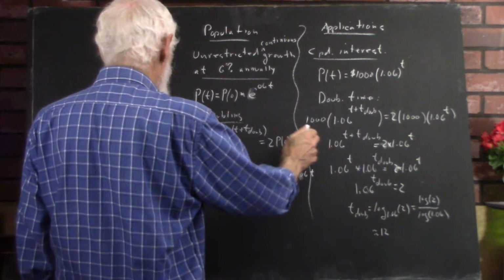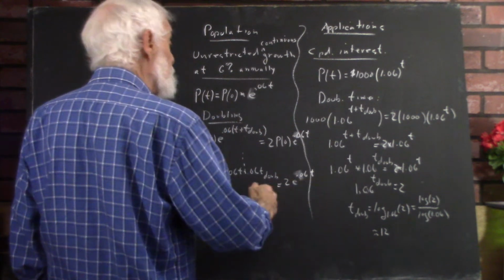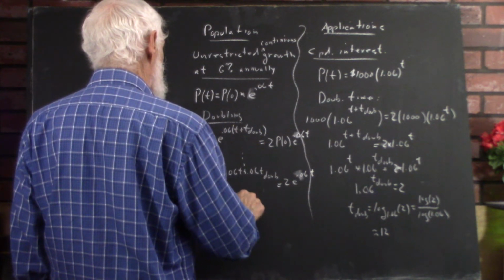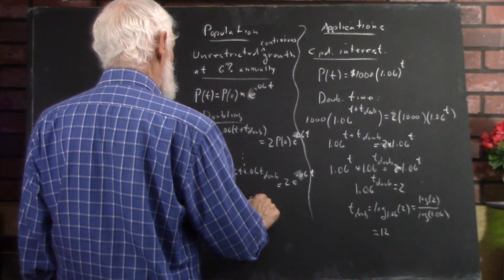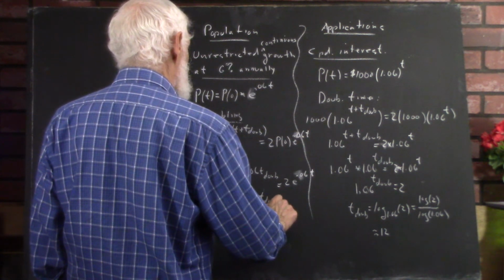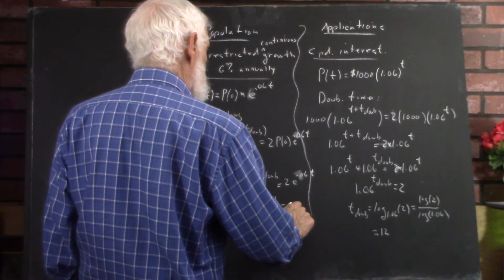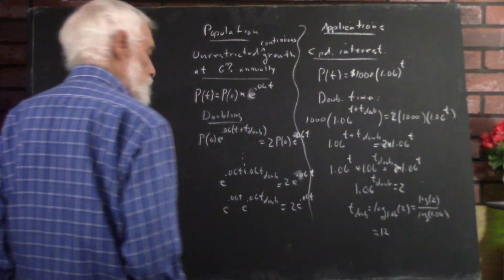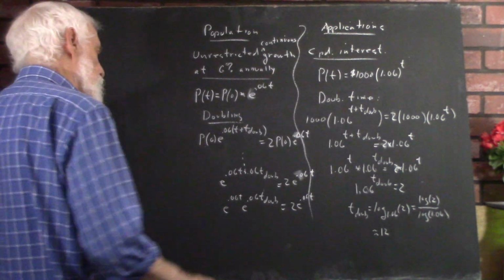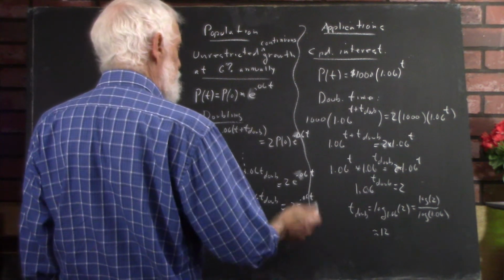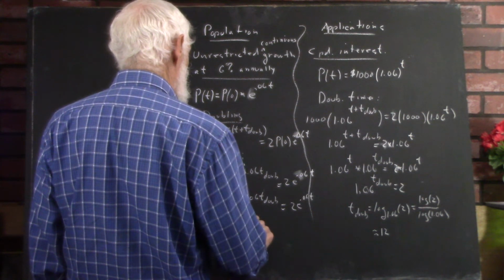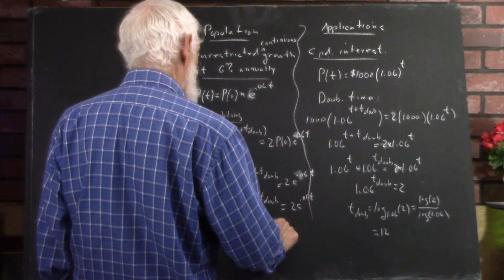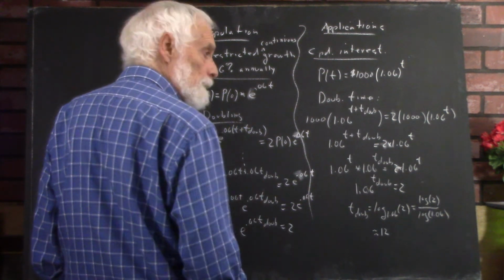Okay, didn't write the 0.06 in before because I'm being careless. Okay, and then that's e to the 0.06t times e to the 0.06 t dub equals 2e to the 0.06t. We divide through by the e to the 0.06t, do the details, we get e to the 0.06 t dub equals 2.